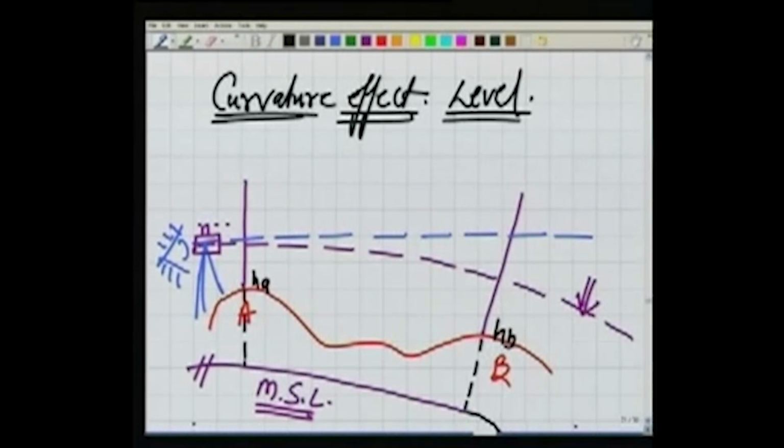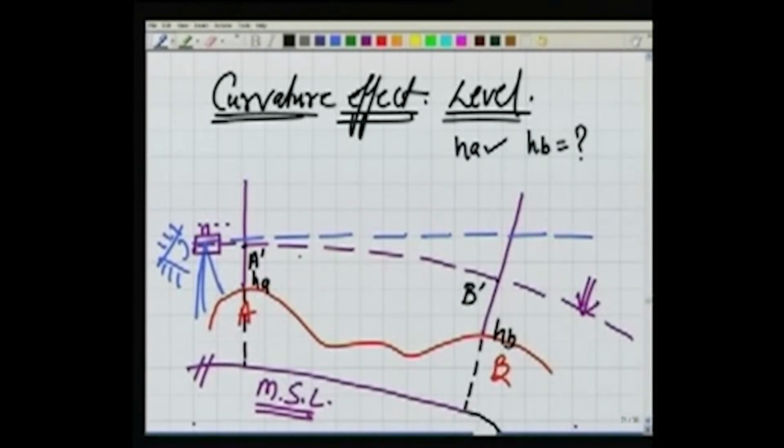Now, if I know HA, HA is known, I want to determine HB. What should I do? I should read the values. If I write it as A dash, A dash is this point here, A dash and B dash.